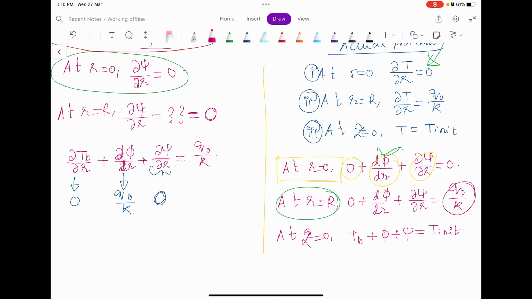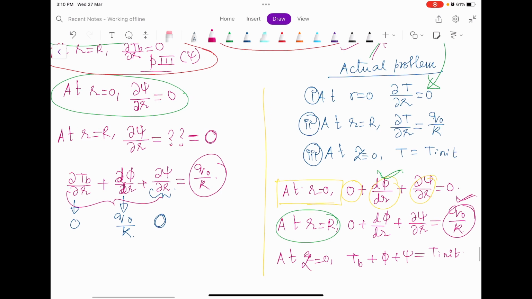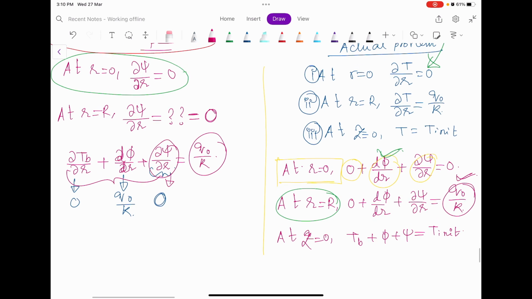Del tb del r is already 0 because tb is not a function of r, and for d phi dr I have the boundary condition as q naught by k. So I already have q naught by k and the RHS is q naught by k, then this must be equal to 0.